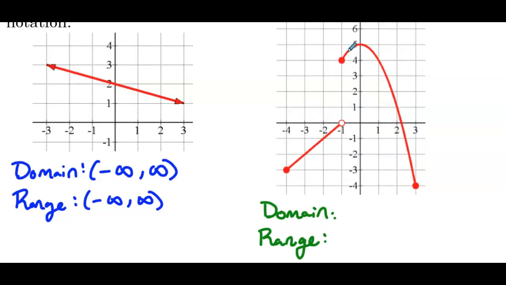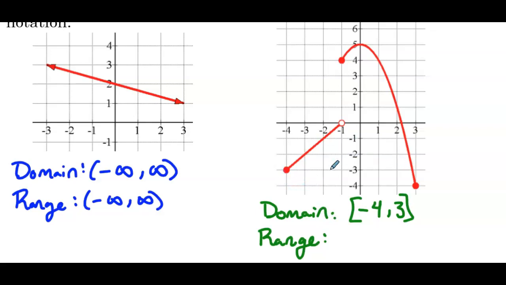Now the question is, at -1, do we include that in our interval, or do we have to do it as -4 to -1, and then -1 to 3, so 2 separate intervals? Well, at -1, we do have an output on this function, so -1 counts as an input, so we would include it as we're going from -4 to 3, so we can just write one interval, -4, 3, and we'll have a set of brackets around each side.